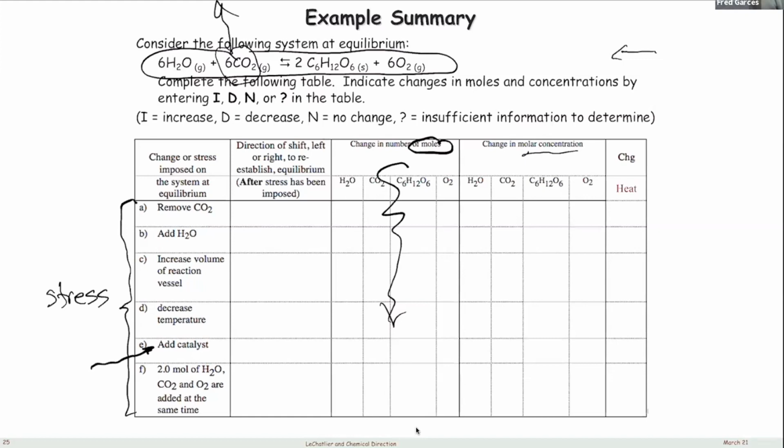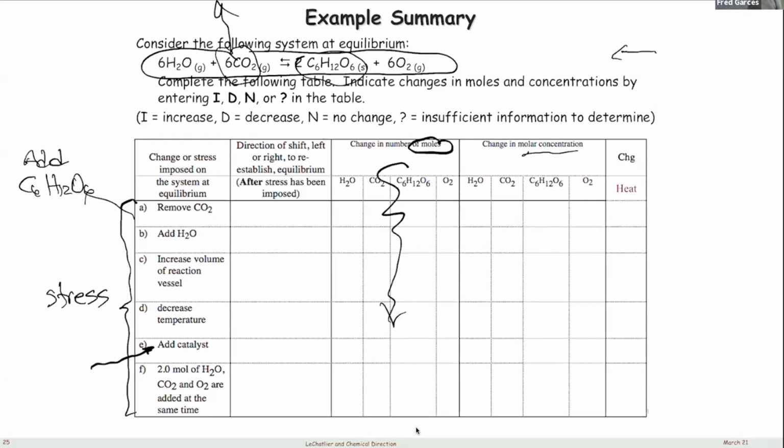I want to include in here another example. Suppose we add glucose, C6H12O6. Well, when we add glucose, what you should remember is that adding a solid is not going to affect the equilibrium, and so it's not going to shift the reaction.